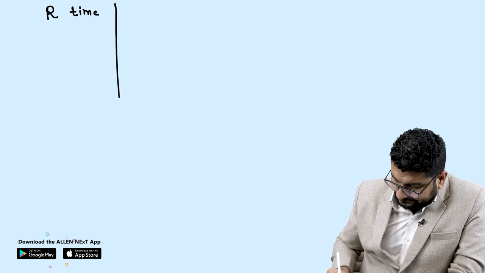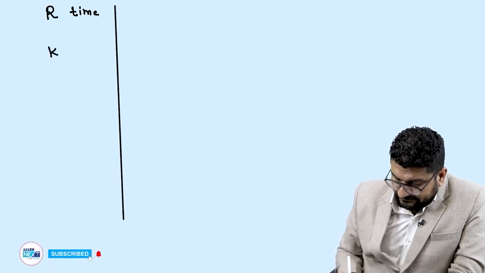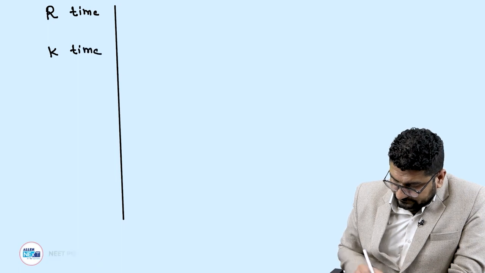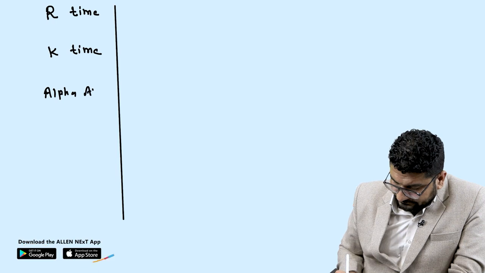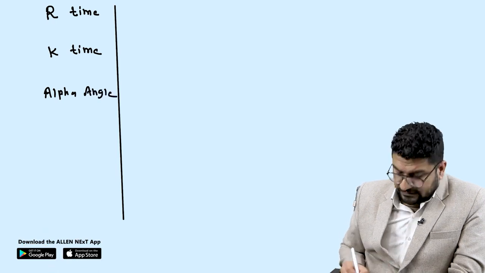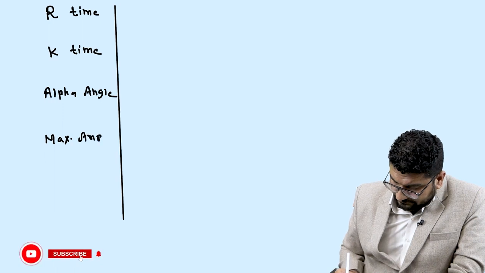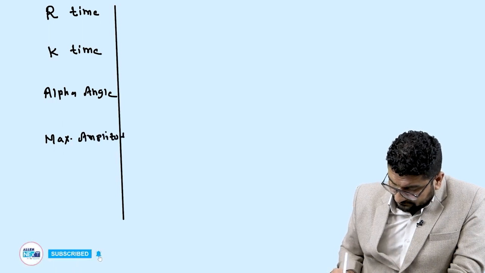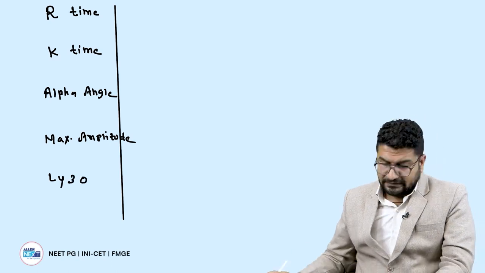Second is K time. Third will be alpha angle. Fourth will be maximal amplitude. And fifth will be lysis 30. We also call this Ly30.